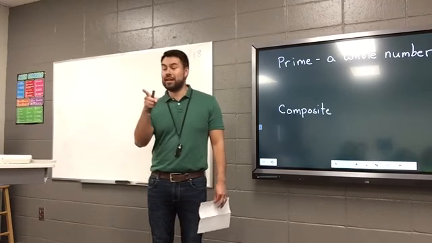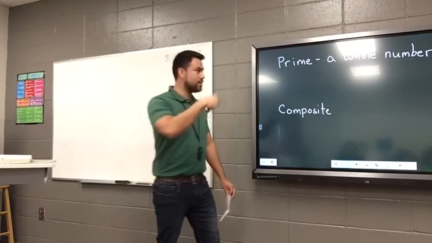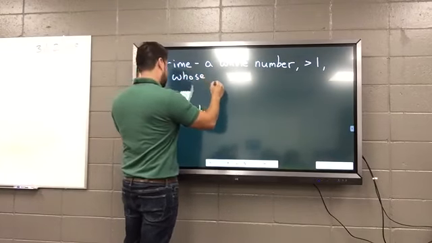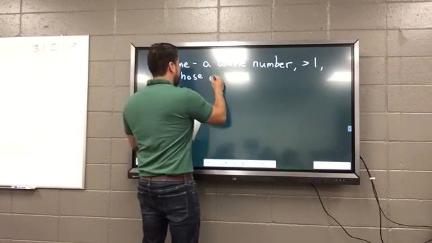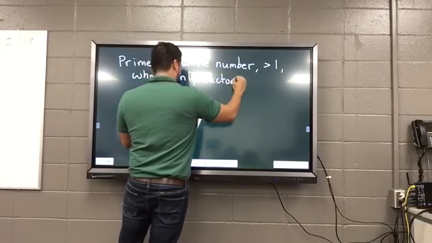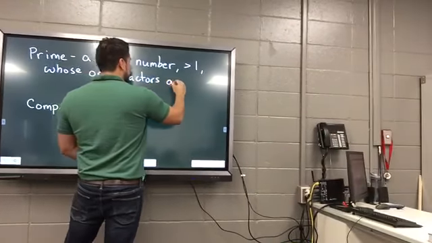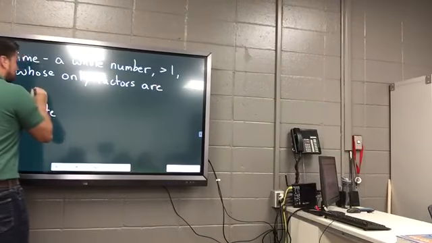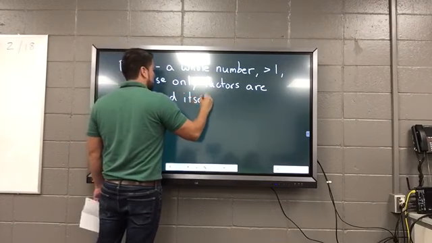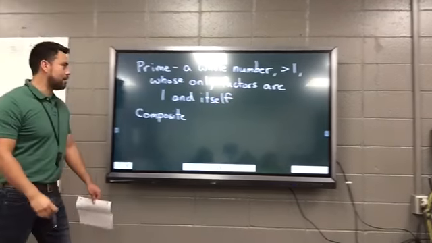Can it be 1? No, because 1 is not greater than 1. Whose only factors are 1 and itself. So what Emery said, 1 and itself. All right? So that's a prime number.